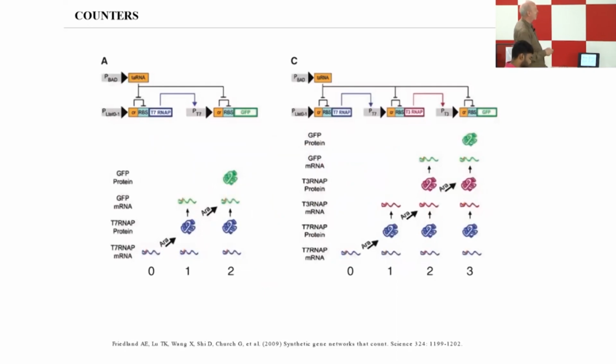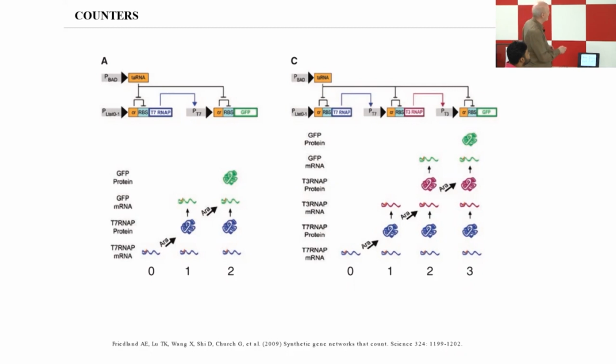There are more things. For instance, there's this article a bit later or a bit before, I don't remember. There is a counter. A counter means that depending on the number of pulses that you show, the system will give you a response that will indicate how many times you have tried the system.